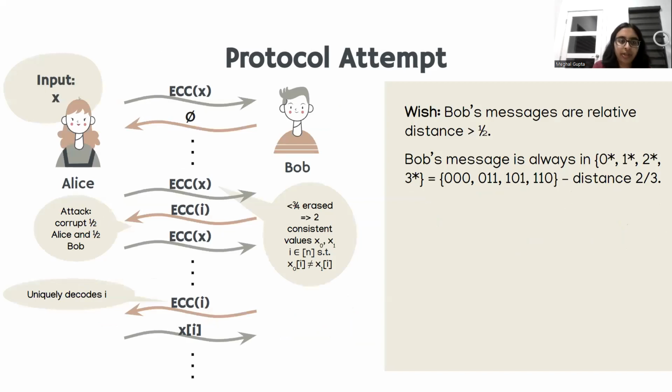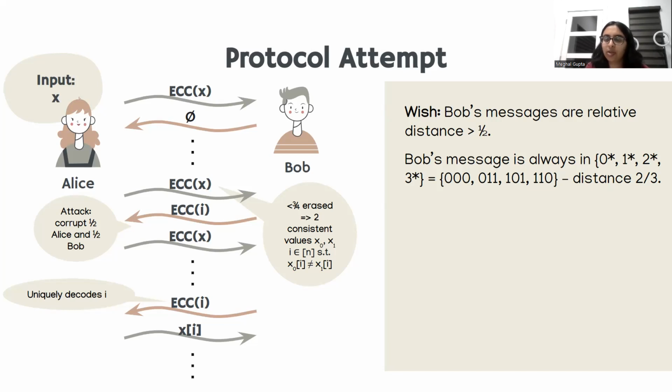So one thing we could try to wish for is to have Bob's messages be relative distance greater than 1/2. The problem right now is Bob is trying to send one of many possible things, and therefore the closest 2 of the possibilities he could be sending are distance 1/2 apart, by the non-interactive upper bound we had earlier.